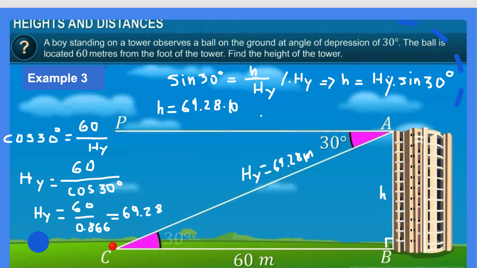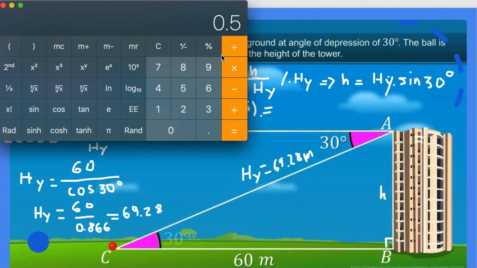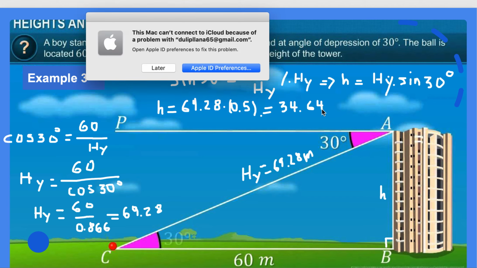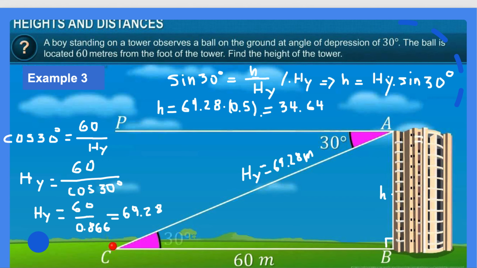We take parentheses, so we already know this is a multiplication, 0.5 times 69.28, the hypotenuse, and when we calculate everything, we find H. The result is 34.64. So we found H, which is equal to 34.64.